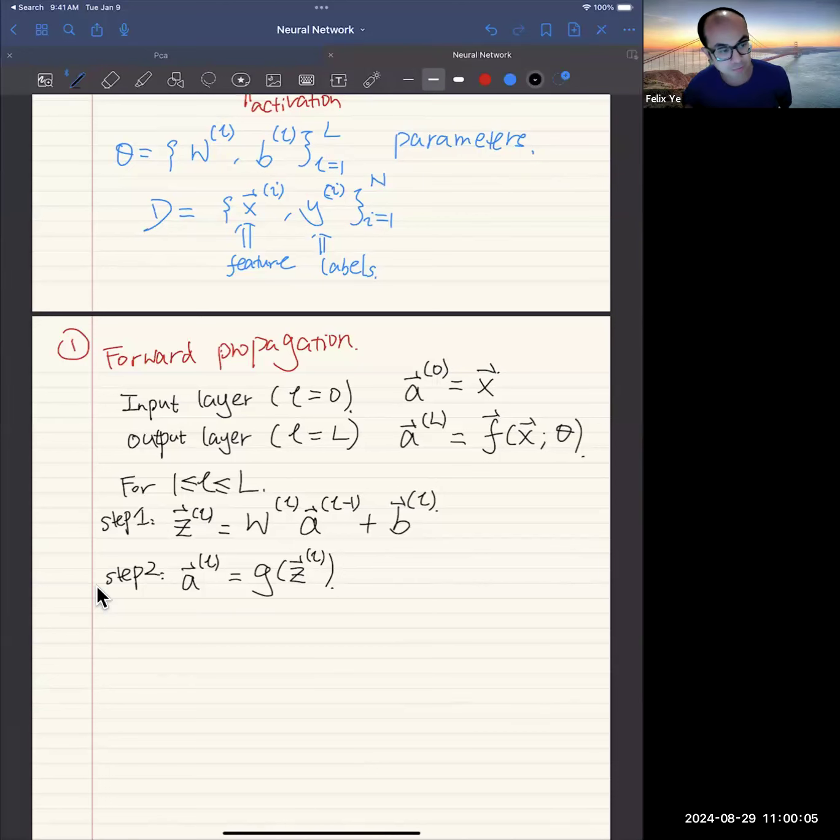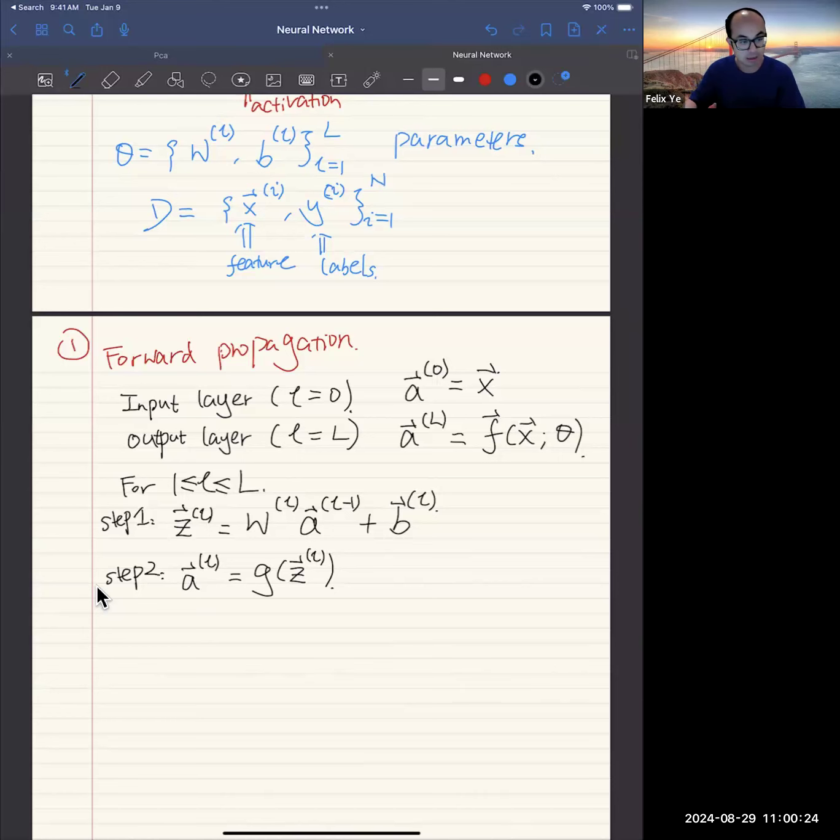So at each layer, what we do, as I said, is apply first the linear layer, then we apply the activation function, component-wise.